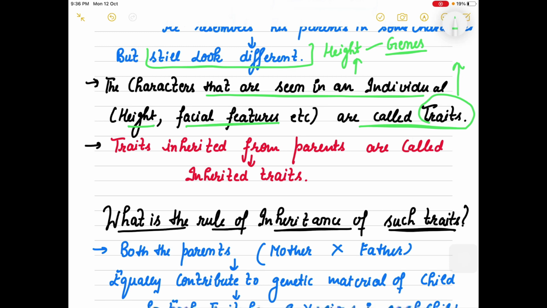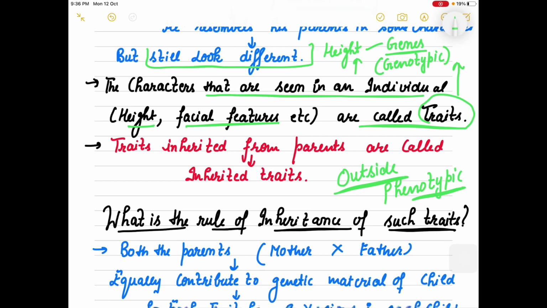So height doesn't mean only what we are able to see. No, it has a genotypic characteristic also. Genotypic means at the gene level, and if you just observe it from outside, then we will say that is a phenotypic characteristic, right?